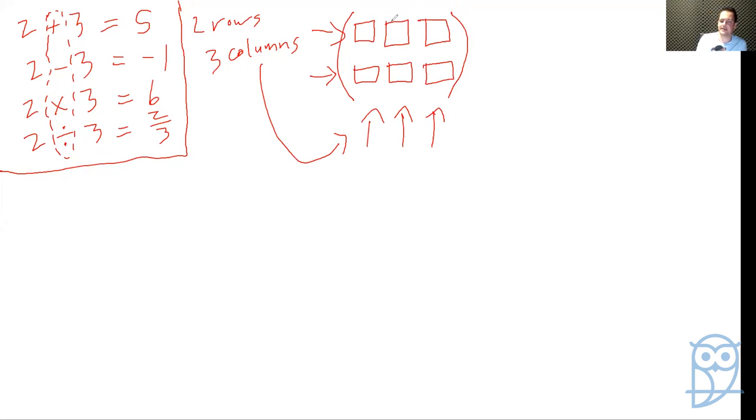Now, when we specify this type of matrix, you always specify the rows first. So this is known as a 2 by 3 matrix. So in English, 2 by 3. You don't say a 2 times 3, even though you times by a number.